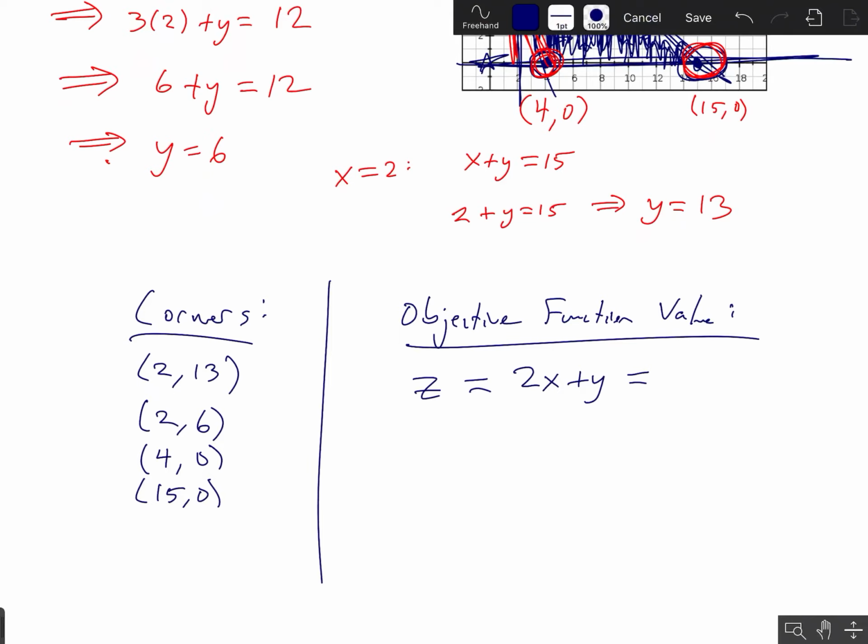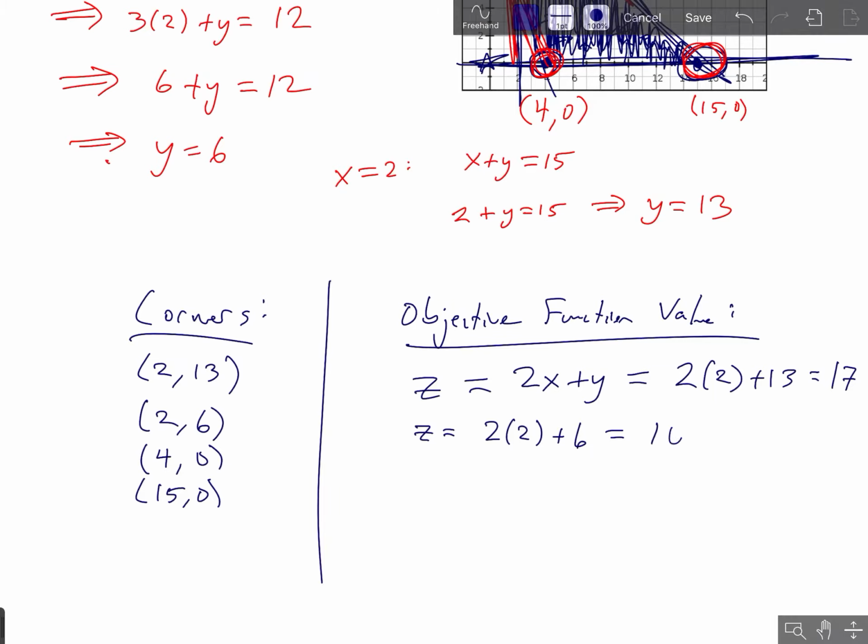And now we'll find the corresponding objective function values. For the first one, 2x plus y would be 4 plus 13, which is 17. For the second one, we would have 2 times 2 plus 6, which is 10.